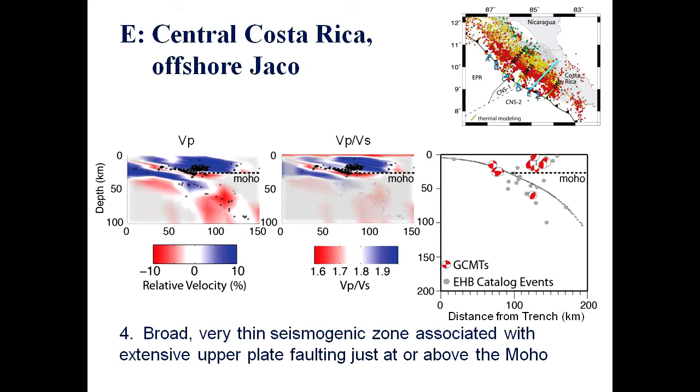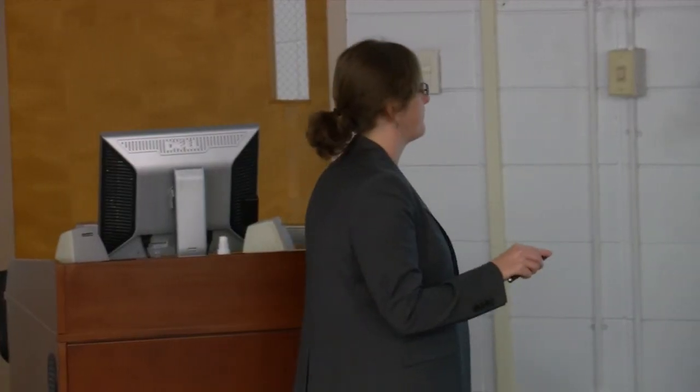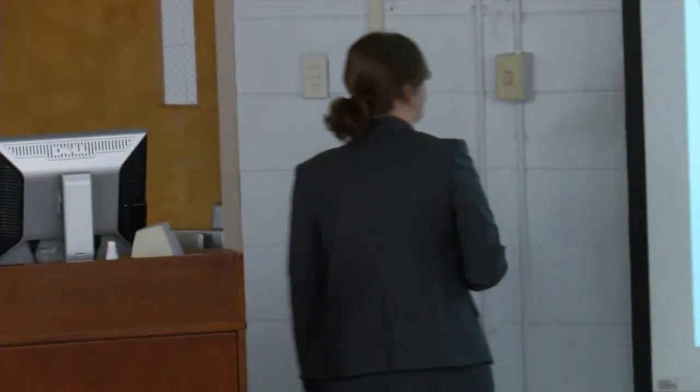Those upper plate faults associated with this microplate actually create some big strike slip events that tend to have shaking that most affects San Jose, the capital city, more than even the subduction zone earthquakes. So that might be what that's related to. But we still have this low P wave anomaly.